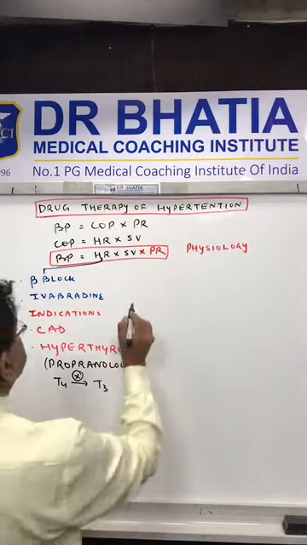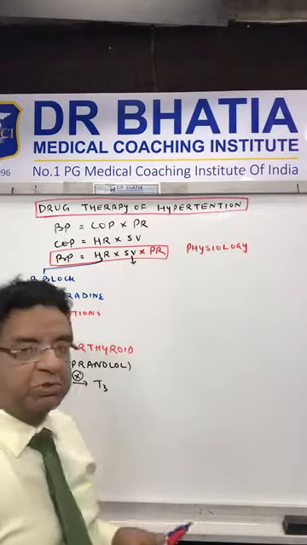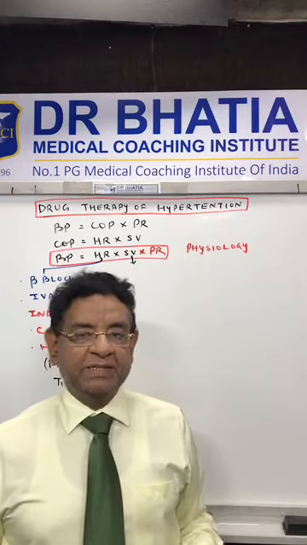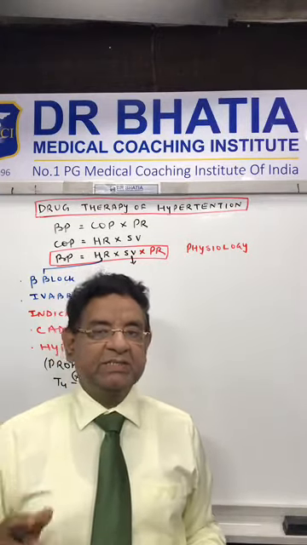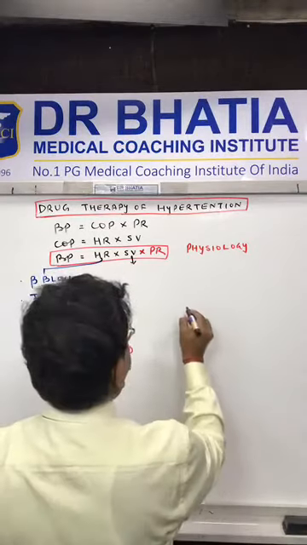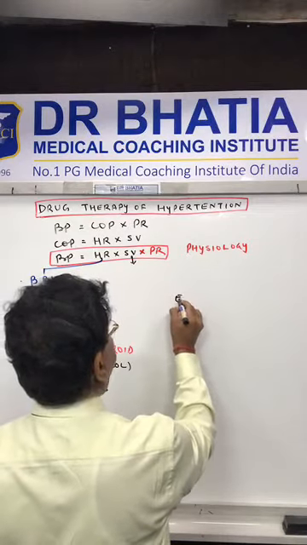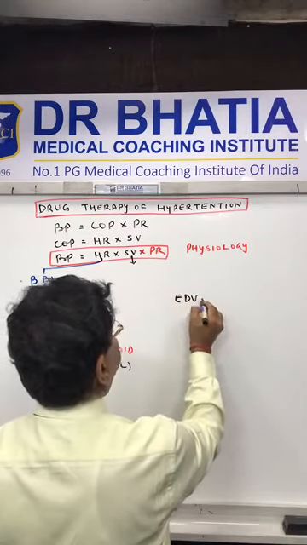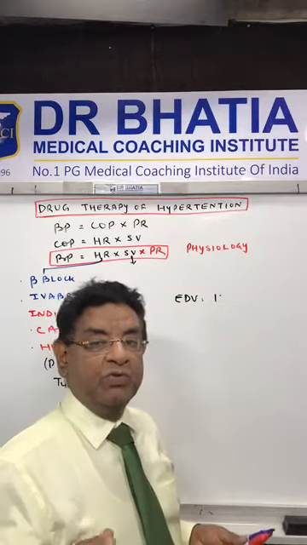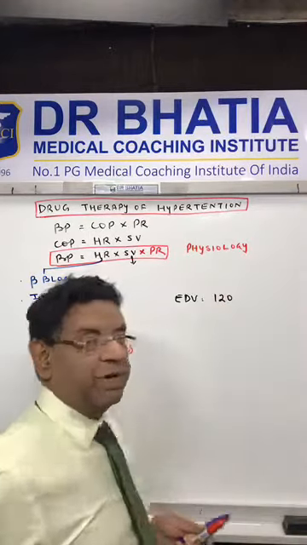Now we talk about the parameters which are going to reduce the stroke volume. So before I discuss the drugs, let's learn some basic concepts about the stroke volume. The end diastolic volume of each ventricle is around 100 to 120, but for easy calculation, I am taking 120 ml.